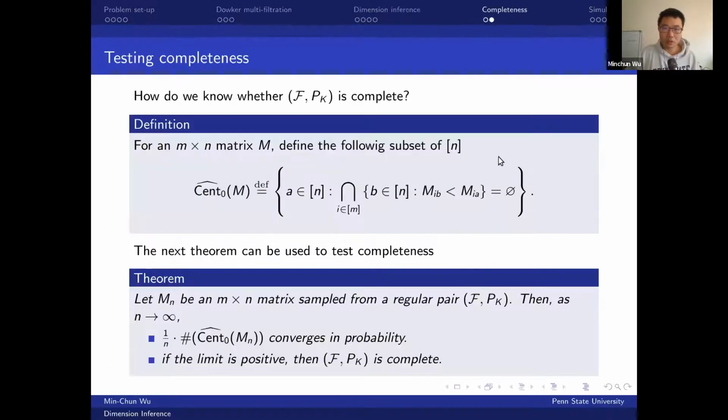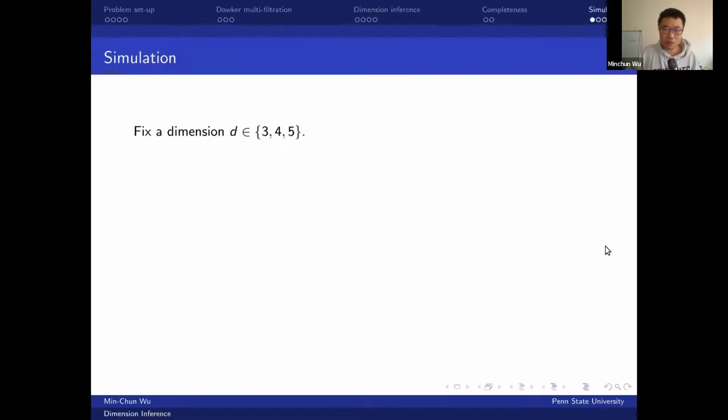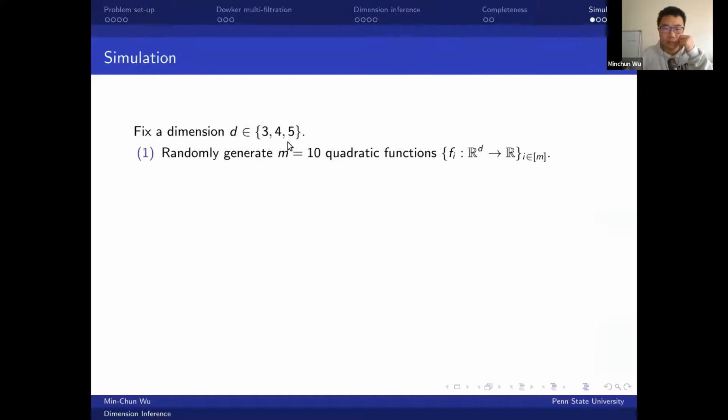Okay, so these are all the theory parts and the construction part. Let's look at some simulation experiments that I carried out. First, we want to test whether the method works in the way that I just talked about. We fix a dimension D that is 3, 4, or 5, and then we randomly generate 10 quadratic functions, representing the quasi-convex functions.